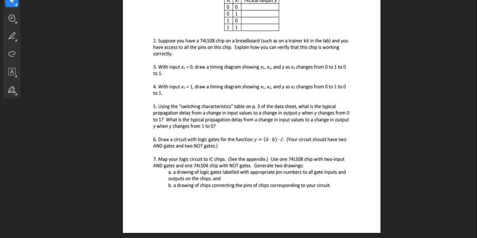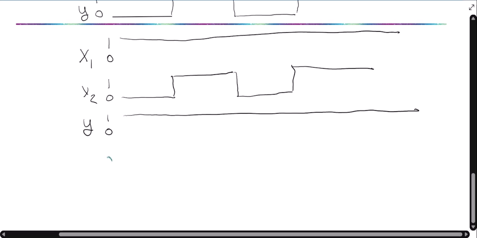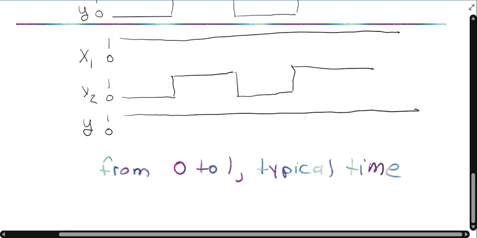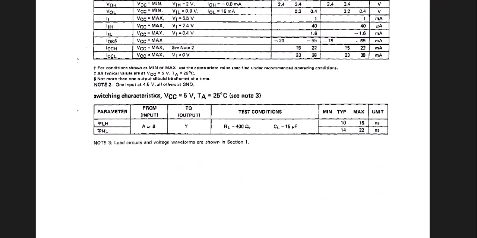So what was the typical time? 10? Yeah, it's not going to be the same for y'all's. So mine was 10 and 15.